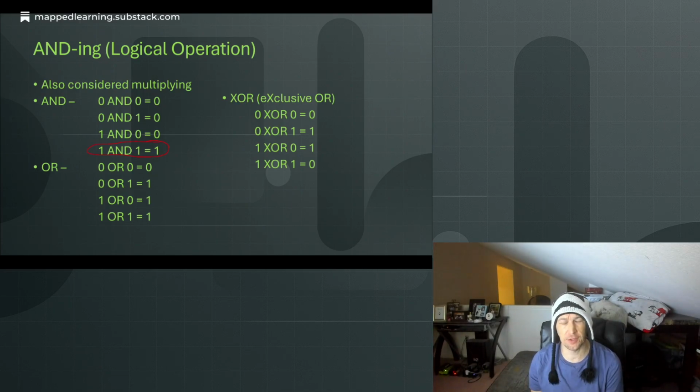What this means is one or the other has to be a 1, but they can't both be the same at the same time. Okay, so 0 XOR 0 and 1 XOR 1 both equal 0. Only 0 or 1 put together equals 1.